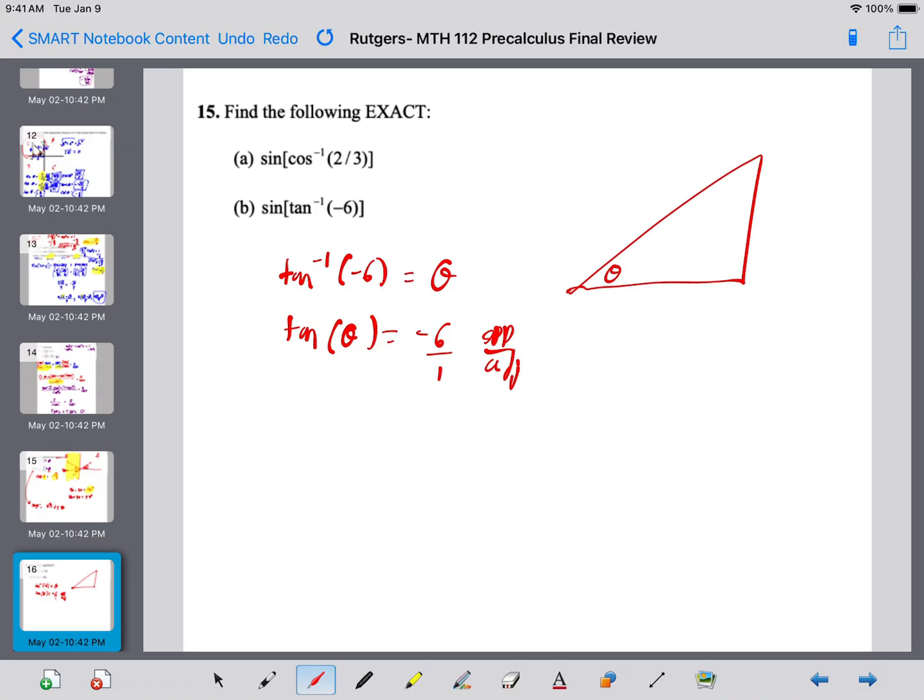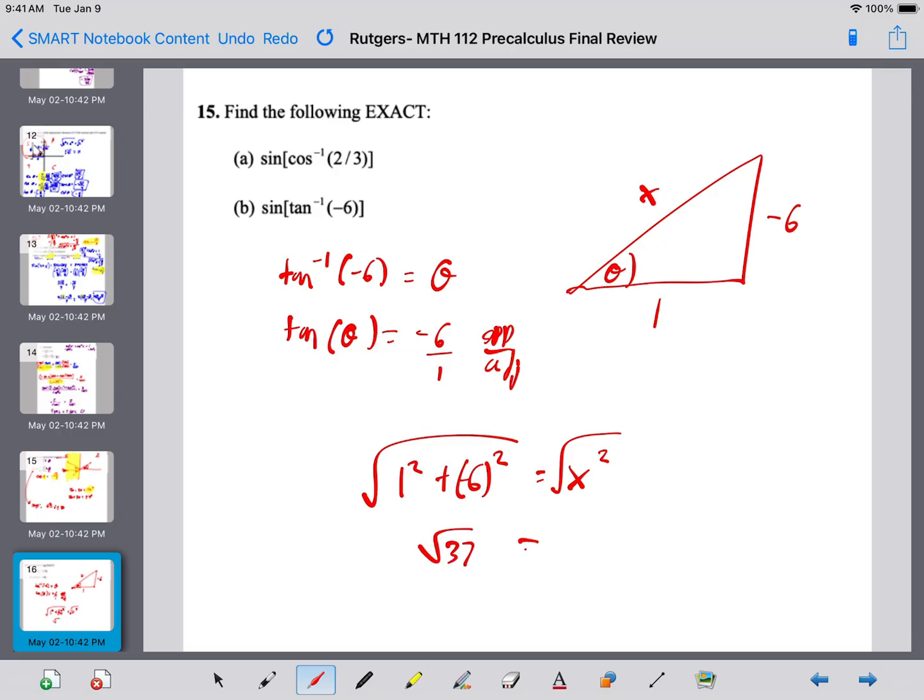So let's say I had this angle theta, opposite is here, adjacent is here. We're going to solve for the hypotenuse. So 1 squared plus 6 squared, or I guess I'll say -6 squared, even though it's going to make a positive anyway, equals x squared. Take the square root of both sides. 1 plus 36 is 37. So you get the square root of 37.